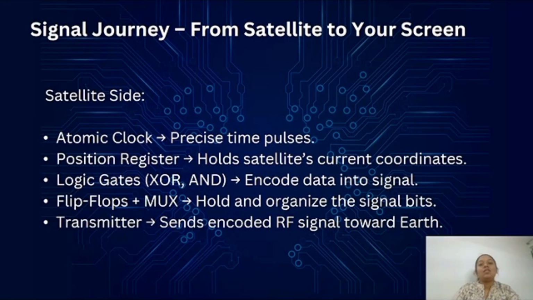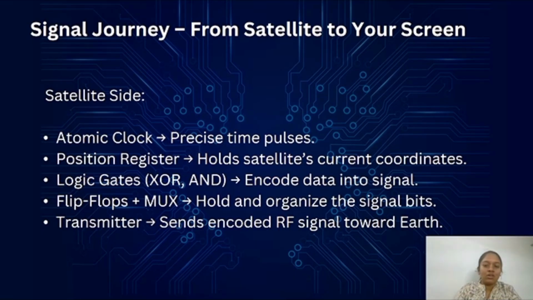So now in this slide, we see the whole journey from satellite to your screen. First, on the satellite side, the atomic clock generates precise time pulses, and the satellite's exact position is stored in a register. To encode the data, logic gates like XOR or AND are used.